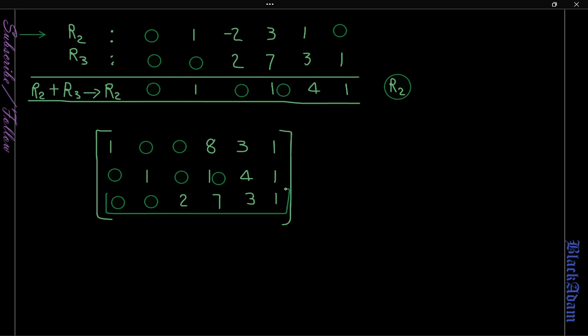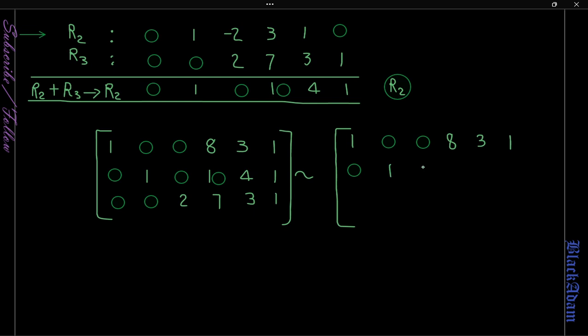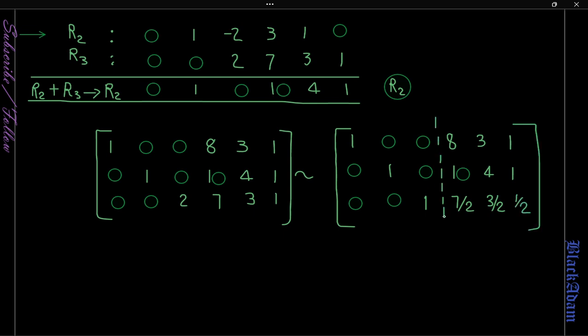So we have to divide row 3 by 2 to make sure that we have the pivot value of 1. That gives us 0 0 1, 7 divided by 2, 3 divided by 2, and 1 divided by 2. So that's our inverse.